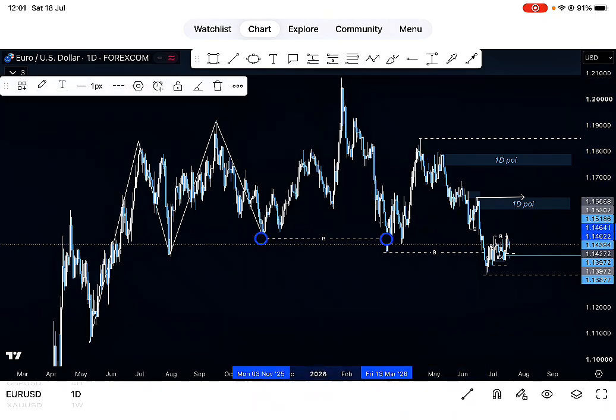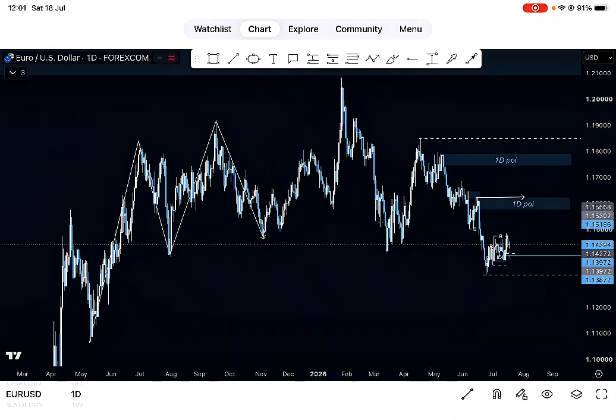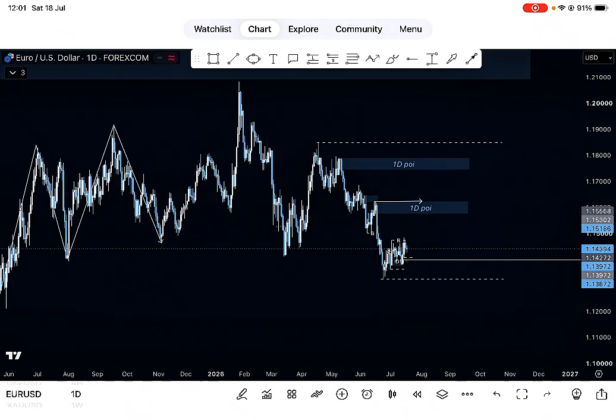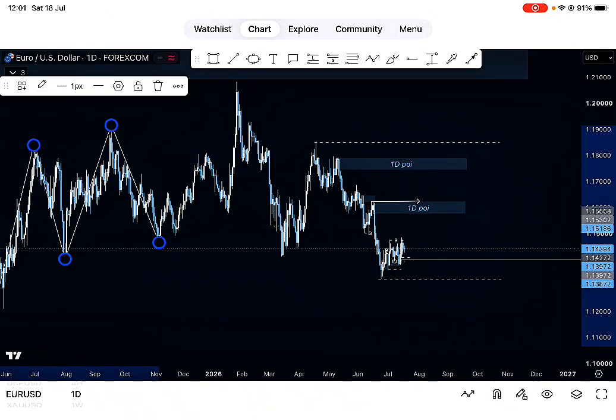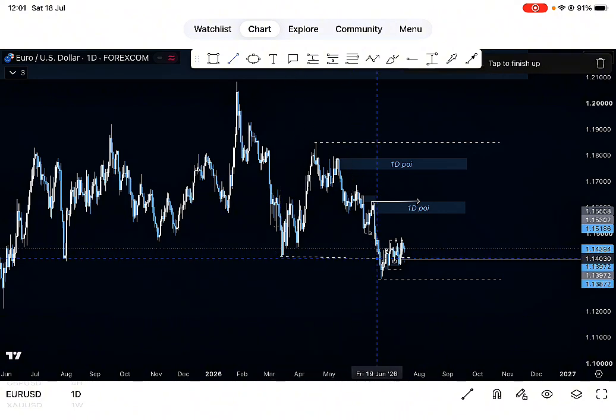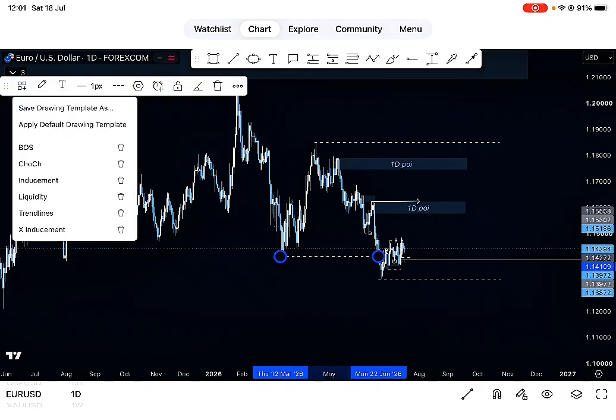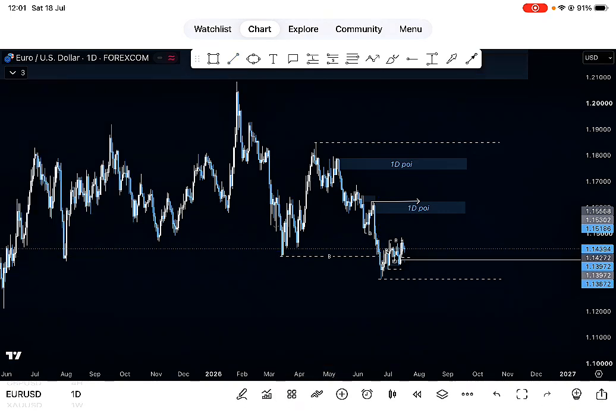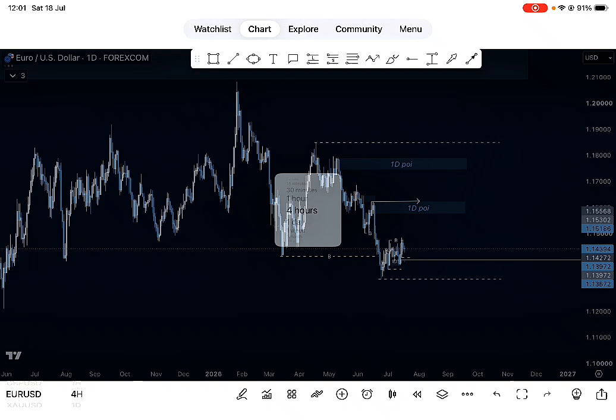So we've known the trend of this daily time frame now. Let's go back to the H4. Let me leave this marked till we break again. So let's check out the 4-hour time frame on EURUSD.